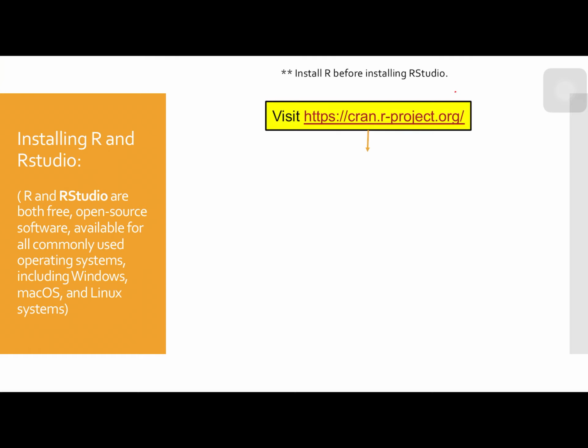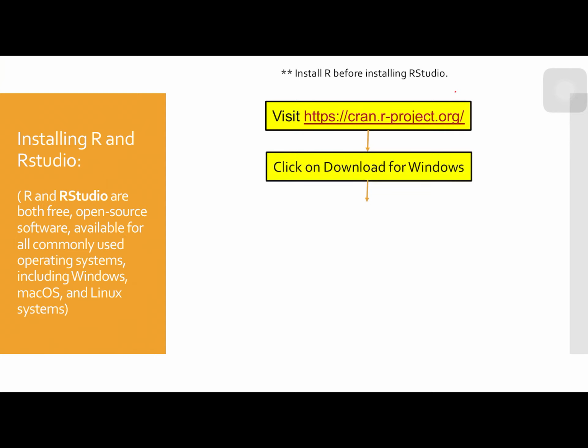So first, visit the website https://cran.r-project.org. Once you visit this website, you will find there is a button, click on download for Windows.